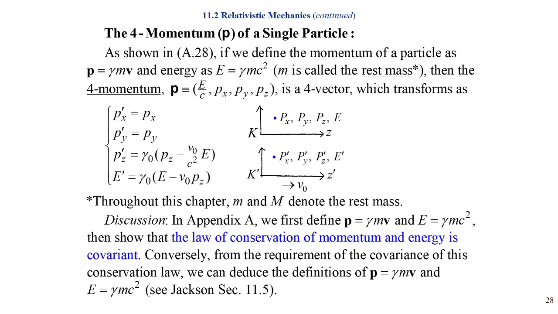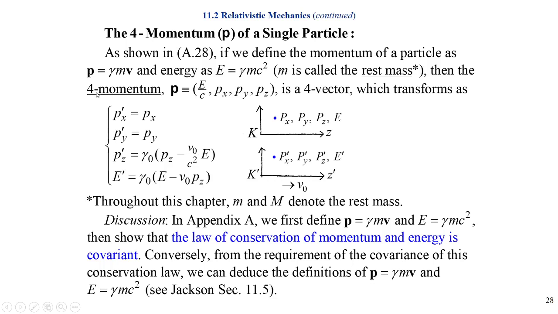As shown in A.20a, where A is Appendix A, equation 20a, we define the momentum of a particle in this form, gamma m v, and energy E as gamma m c squared, where m is the rest mass.